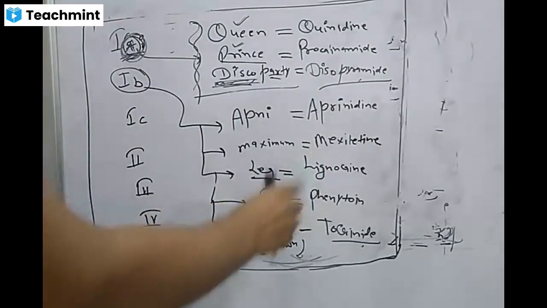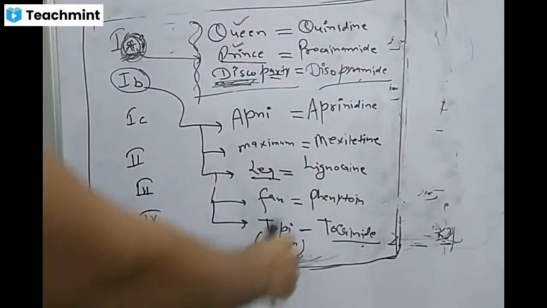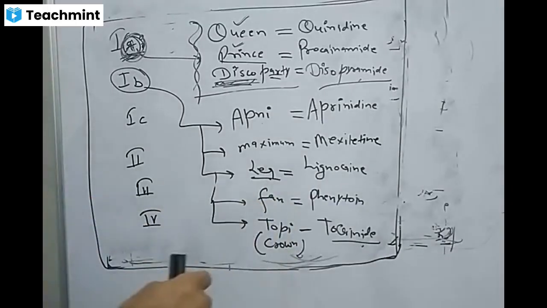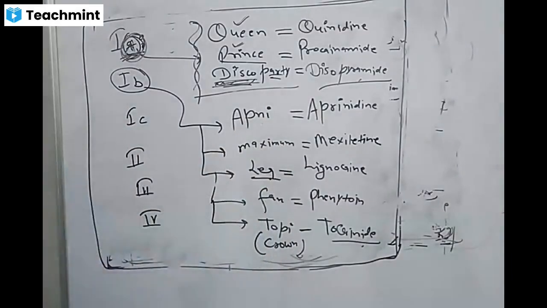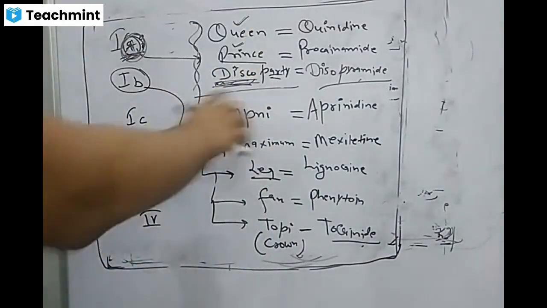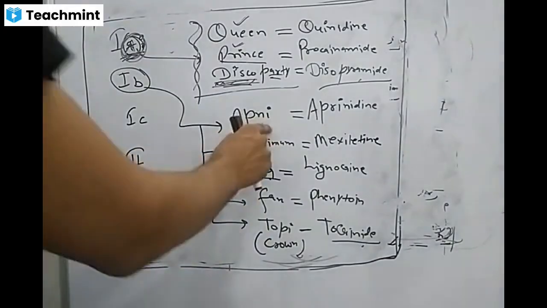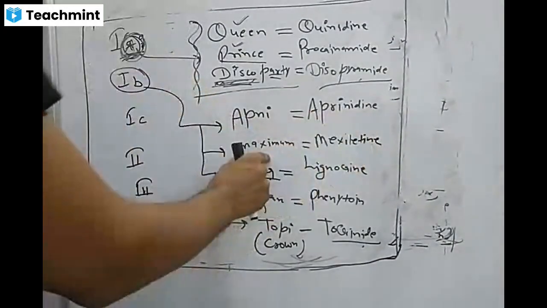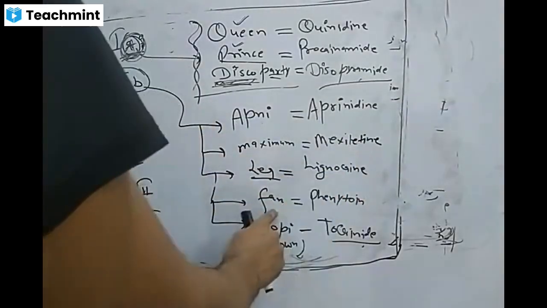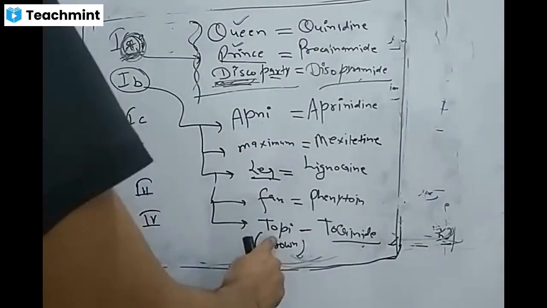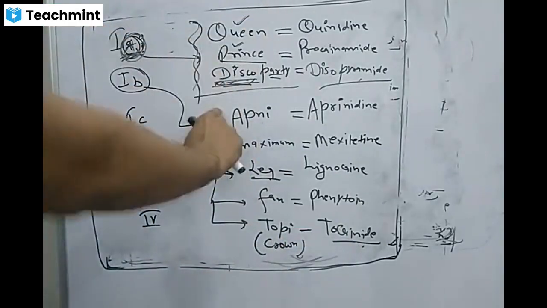They press their legs, they fan, and they put the cap, topi, on their head whenever required. So they give their maximum services to the class A people. So middle class people help them most. So apni is aprenidine, maxi is maxillatin, leg means lignocaine, fan means phenytoin, and topi means tokainide. So these are 1A, 1B.